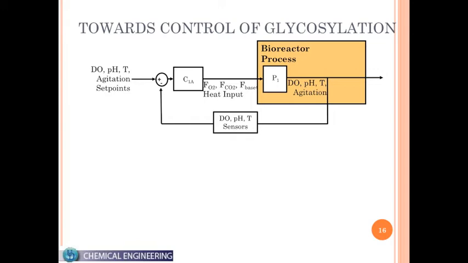So anyway, we've established that what we have right now is we can establish set points for our dissolved oxygen, pH, temperature, and agitation. We can precisely control those in our bioreactor, and we'll get out some kind of glycosylation pattern. But we've established that nutrients such as glucose and glutamine play an important role.